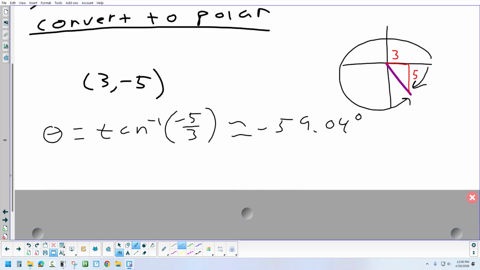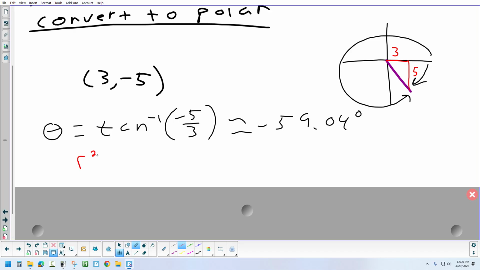What's going to be my formula to find the length of the purple segment? It'd be 3 squared plus -5 squared. And then we're going to take the square root, and that'll cancel out that.